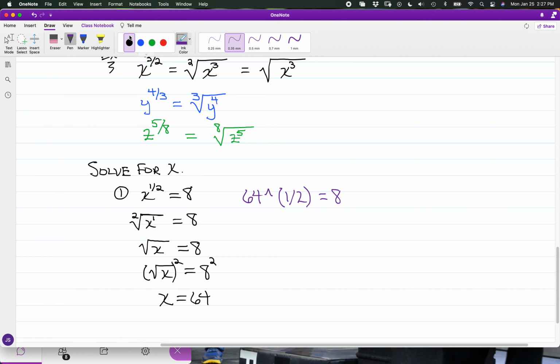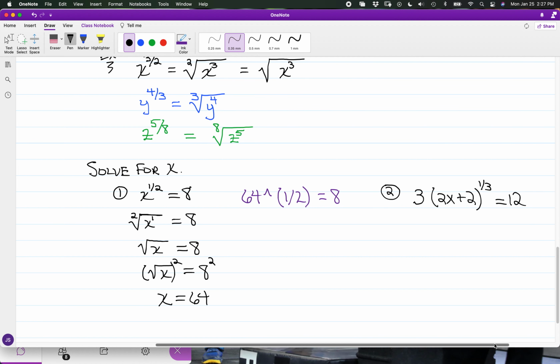Now let's say we have 3 times the quantity 2x plus 2 to the 1/3 is equal to 12.